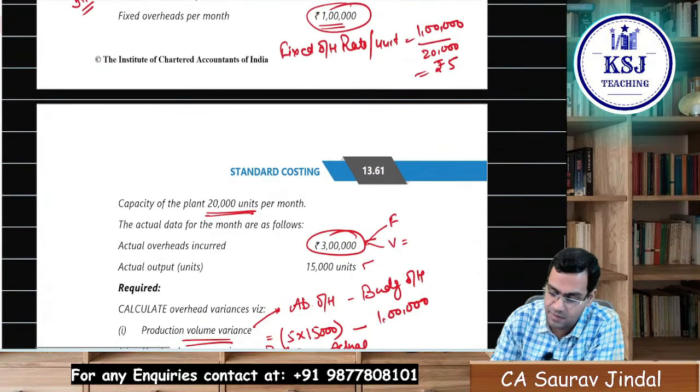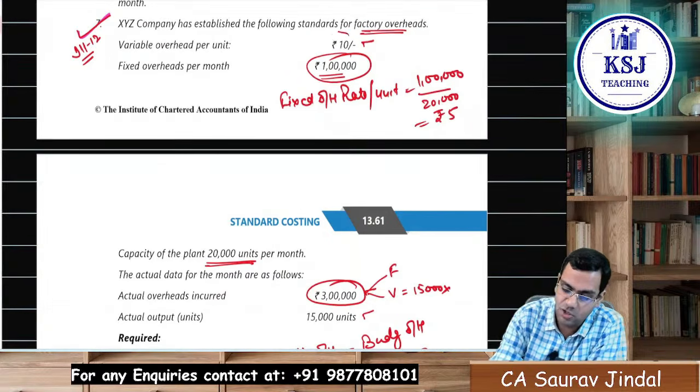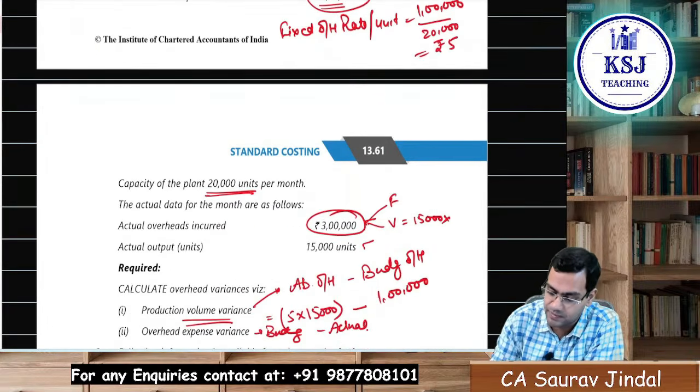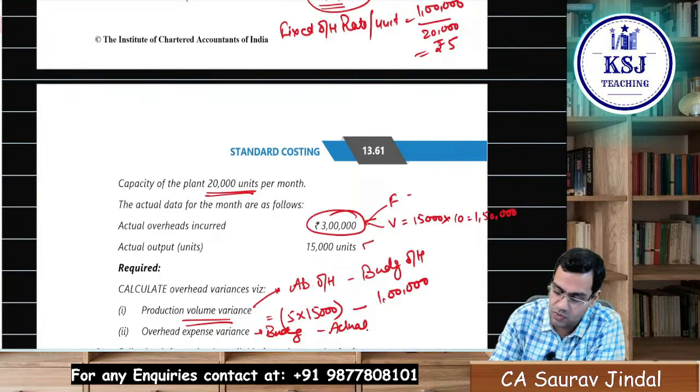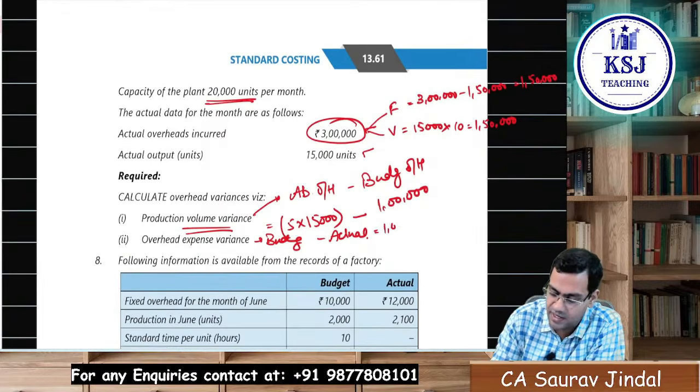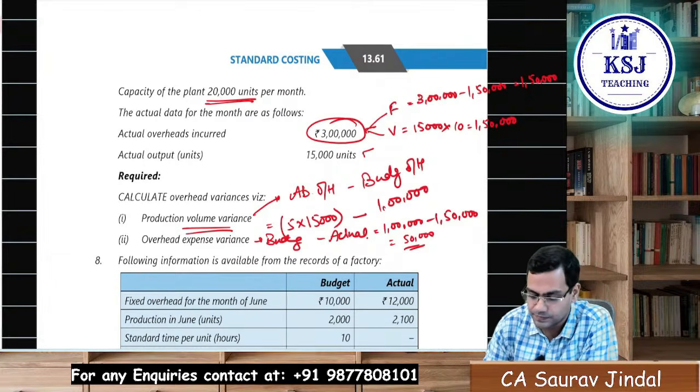How much of the variable will be there? 15,000 multiplied by 10 rupees variable cost per unit, so 1,50,000 is variable. So what is the fixed part? That is 3 lakh minus 1,50,000, so 1,50,000 is the fixed part here. So budgeted will be 1 lakh minus actual 1,50,000, that is 50,000. Clear?